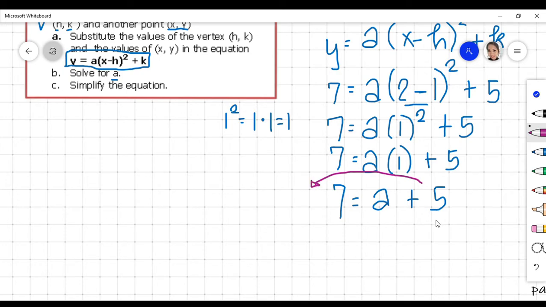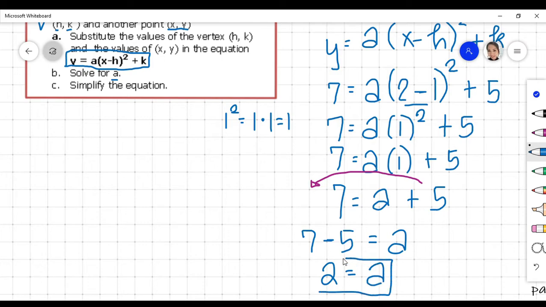So, since that's positive, so pag i-transfer natin yan sa left, it becomes negative. So, 7 minus 5 equals A. Therefore, 7 minus 5 is 2. Therefore, our A is equivalent to 2. So, this is our A.